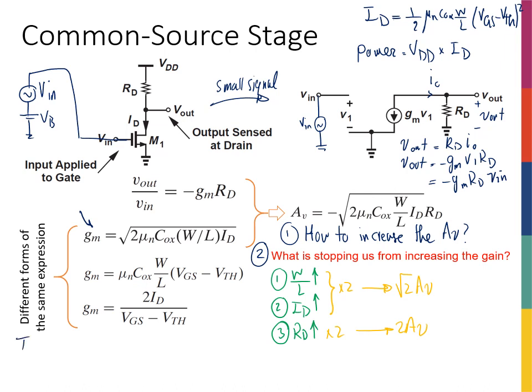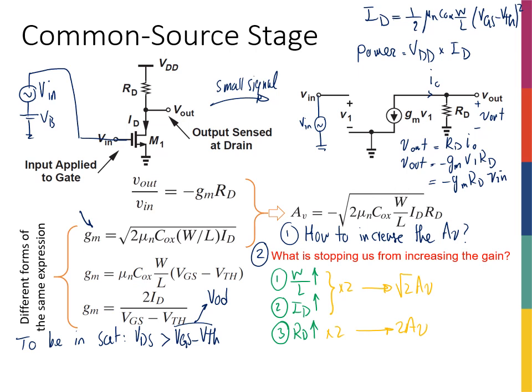To be in SAT, I know that I have to have VDS greater than VGS minus VTH. Again, I've mentioned this a few times, but we call this the overdrive voltage. Sometimes we just show it with OD, right?